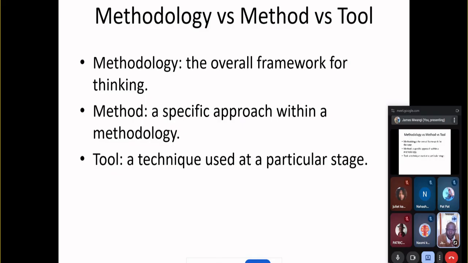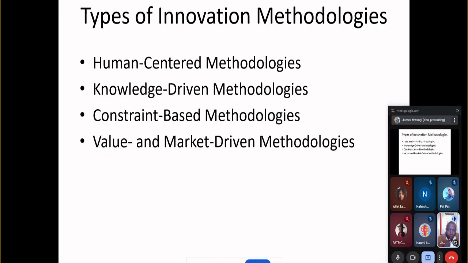And the tool is a technique used at a particular stage of methodology. We'll come to look at them later as we continue. So there are various types of innovation methodologies. As you can see, there are four of them. We have one, human-centered methodologies.